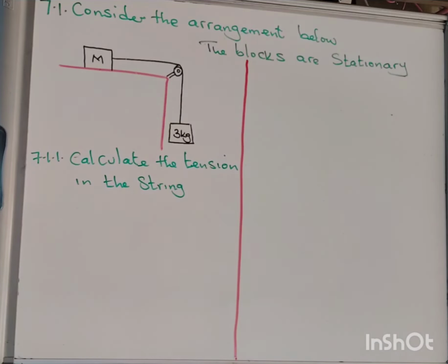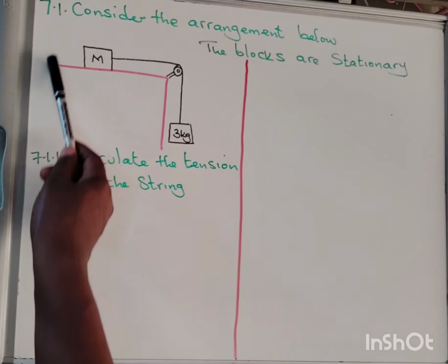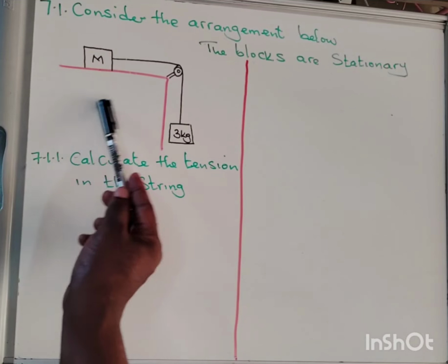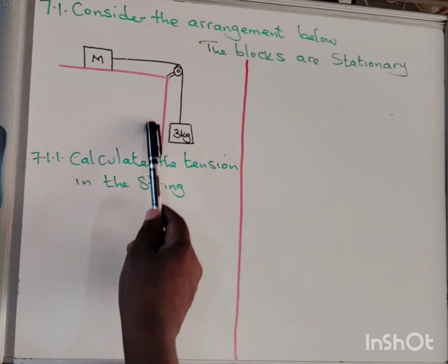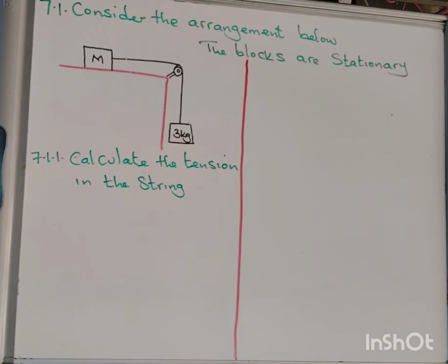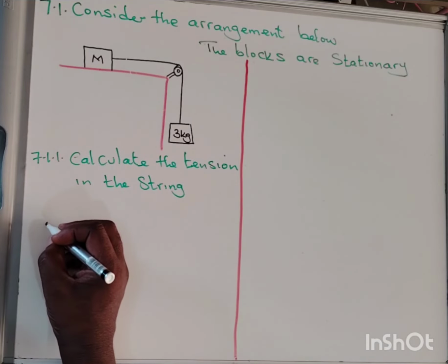So when you reach this situation, how do you go about that? When you look at M, there is too much unknown. You don't know the friction force, so we don't know the coefficient of friction. But when you look at the hanging mass, let us look at its free body diagram.